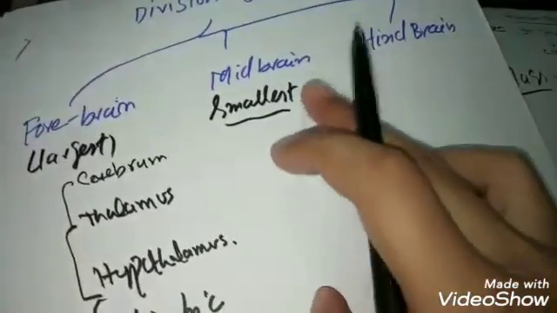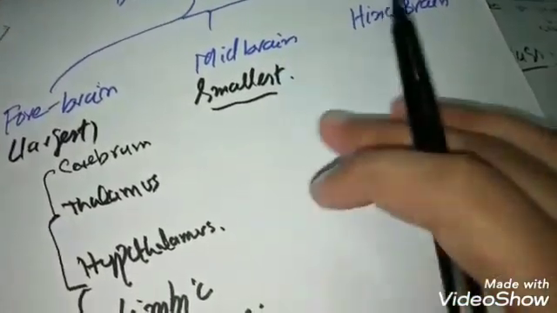These are the parts of the forebrain. There is another system included in the forebrain, the limbic system. The midbrain is the smallest, so there is no need to divide it further.